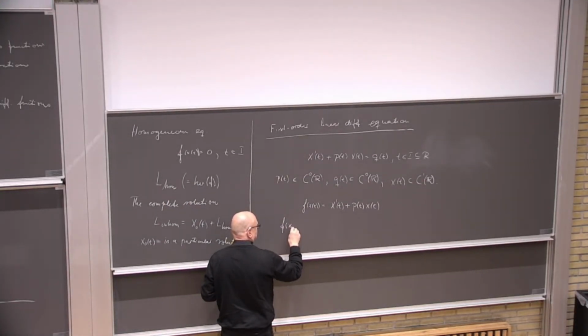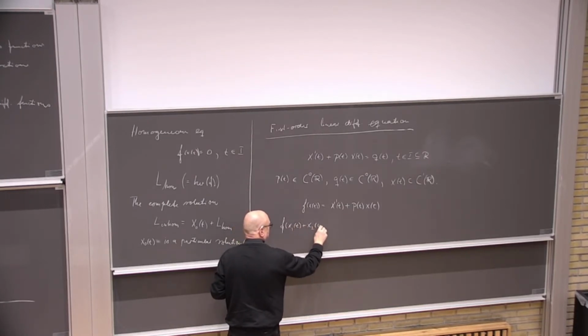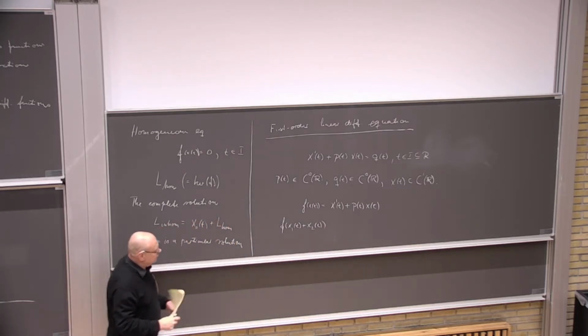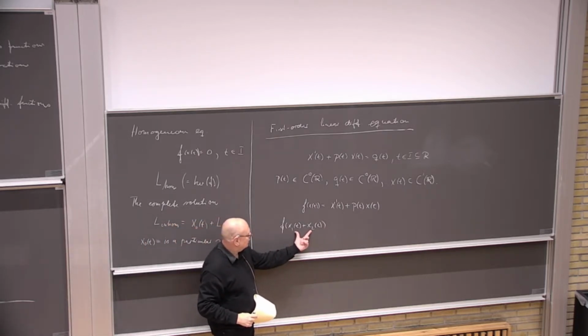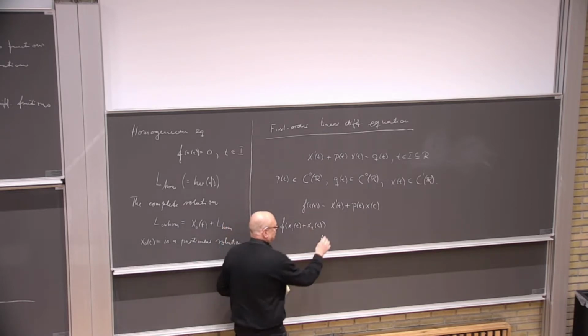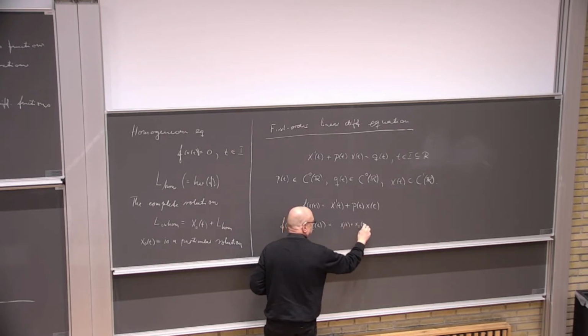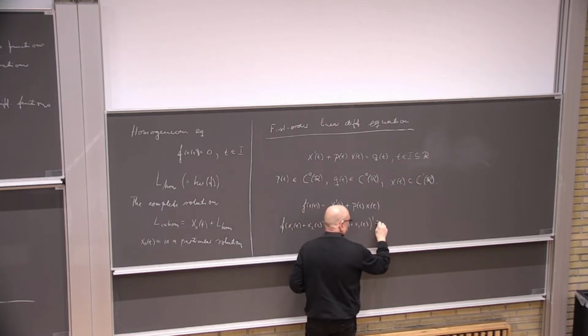I take the sum of two functions x1 and x2 and put it into the formula for f. I get x1 of t plus x2 of t, and then the derivative of this plus p of t times the sum.